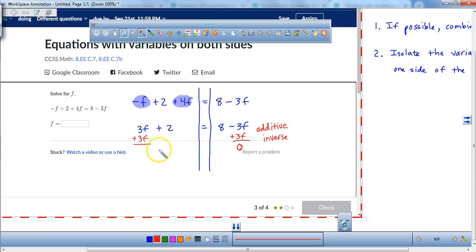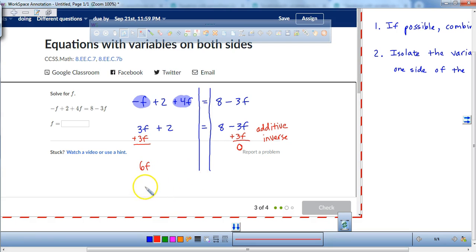So if we have 3 f's and then we add 3 more f's, that's a total of 6 f's. Okay, so what do we have? We have 6f plus 2, and that's all equal to 8. So there's our equal sign right here. I just rewrote the equation.